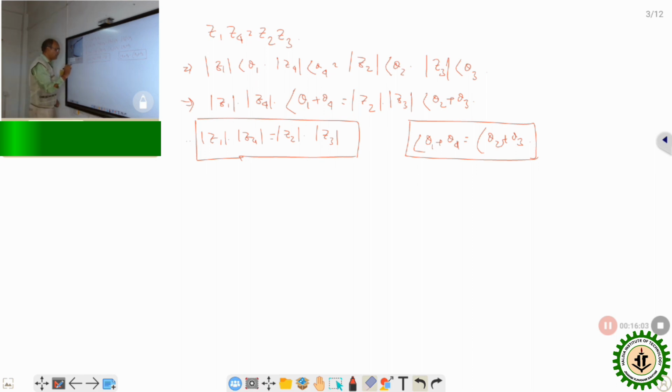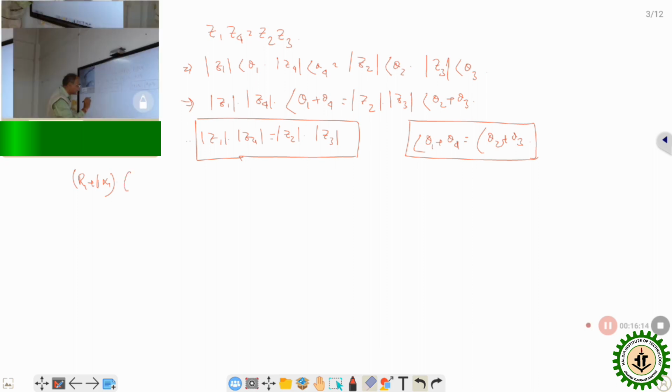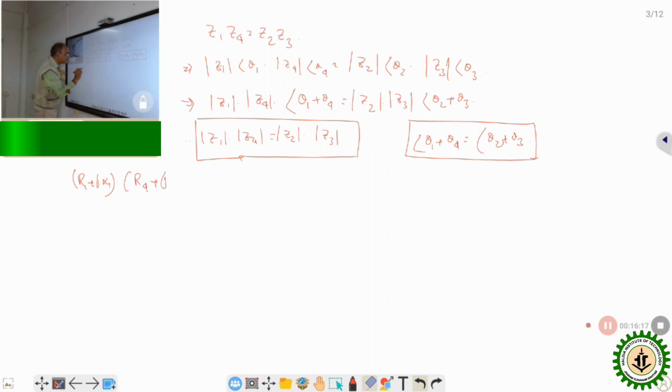Z1 can be represented by R1 plus jX1, Z4 as R4 plus jX4, Z2 as R2 plus jX2, and Z3 as R3 plus jX3. Okay, so simply we are multiplying this.